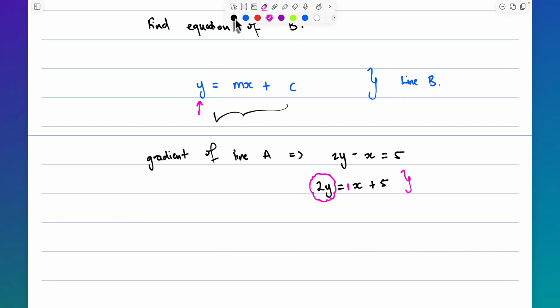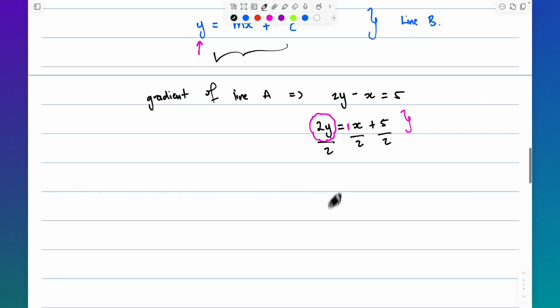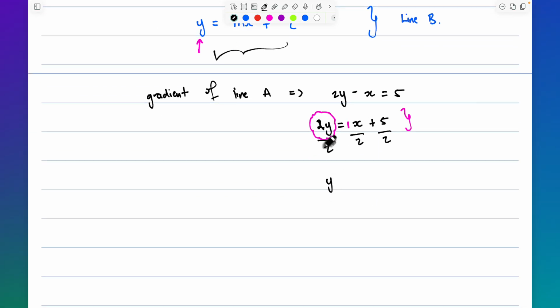So in this case, we divide everything by 2 to get rid of the 2 on that side. That becomes y, since the 2's cancel, is equal to half of x plus 5 over 2. Now in this form we can interpret directly what the m is, because y is equal to half multiplied by x plus 5 over 2.